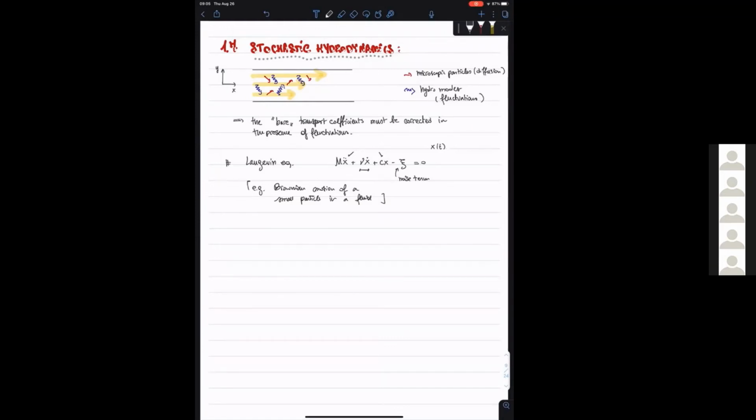So this noise term is there to incorporate that effect. And you have to provide how this noise is distributed. It's common in this phenomenological approach to assume that this random force has a Gaussian probability distribution. So it's a white Gaussian noise.